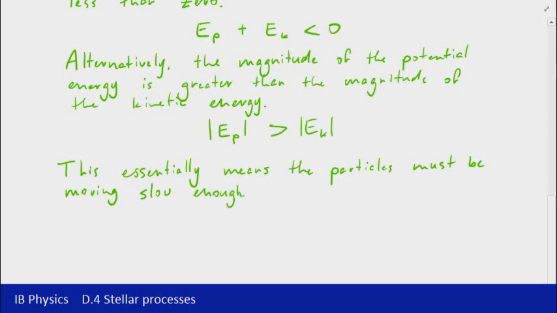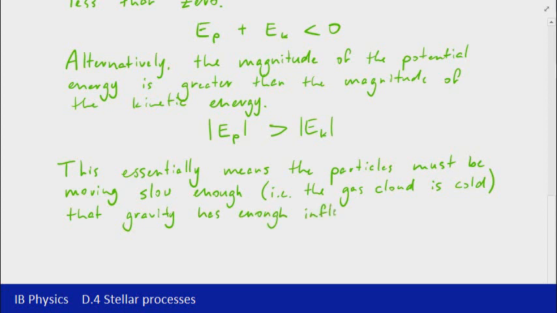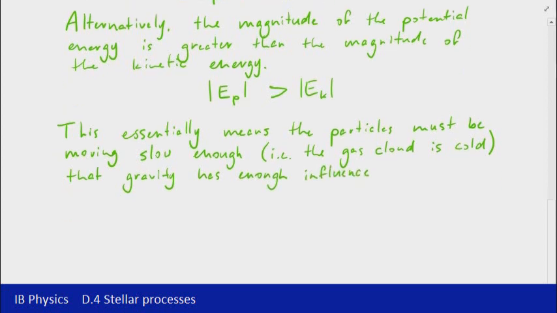So particles must be moving slow enough, and another way to interpret that is that the gas cloud is cold enough that gravity has enough pull or influence to cause the gas particles to fall in and collapse together. If the kinetic energy is too great, the gas particles will keep flying past each other, and they won't start to collapse inwards because they're moving too quickly. So that's Jeans' criteria for star formation.